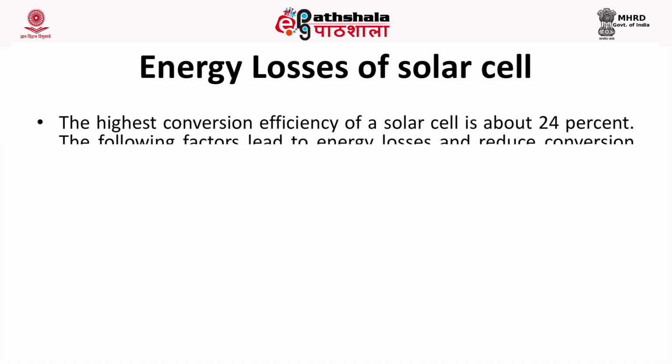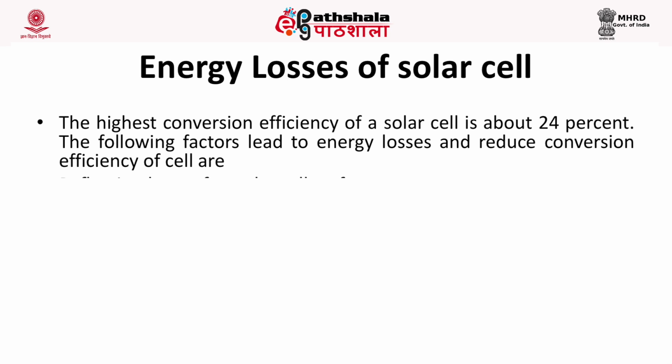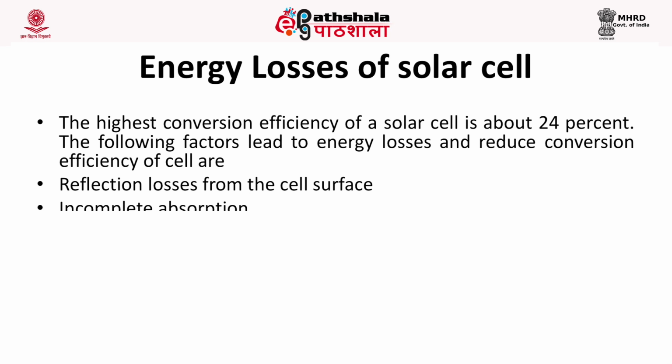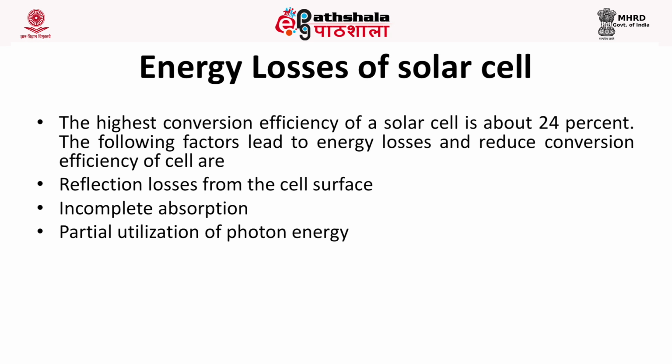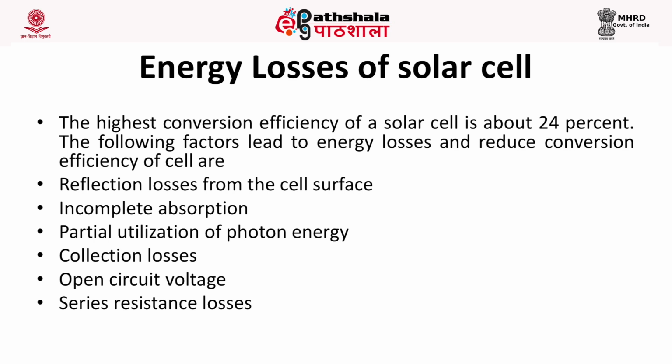Now, what are the energy losses of a solar cell? So, we have seen the highest conversion efficiency of a solar cell is about 24%, that is 20% and a little bit more.